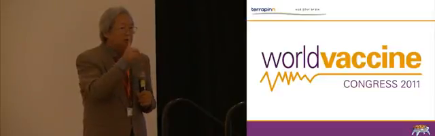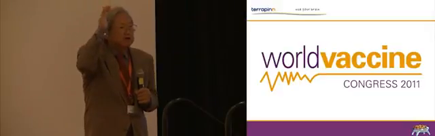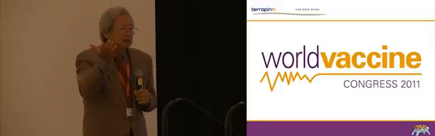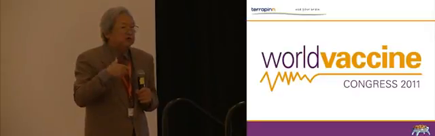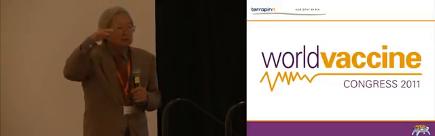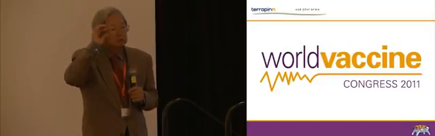When you have only one producer for one product, the price is always very high. As we have today, we have two producers for HPV vaccine, for example. The price is starting to come down because technology has improved, and I think the yield is also better.